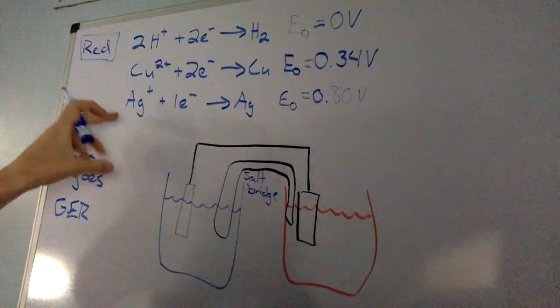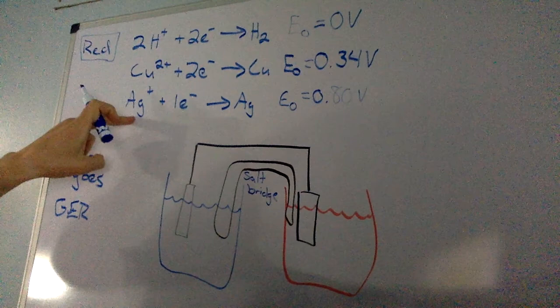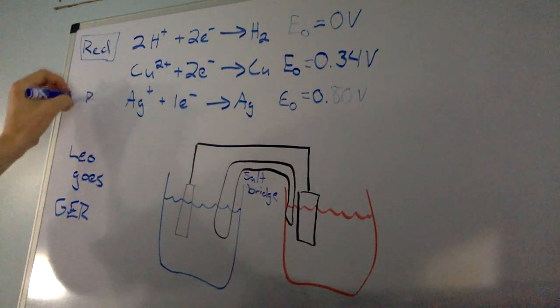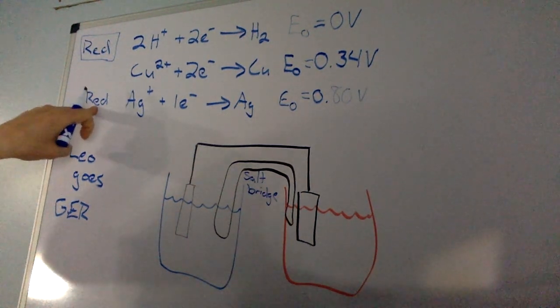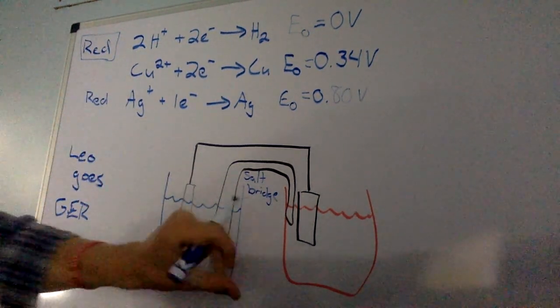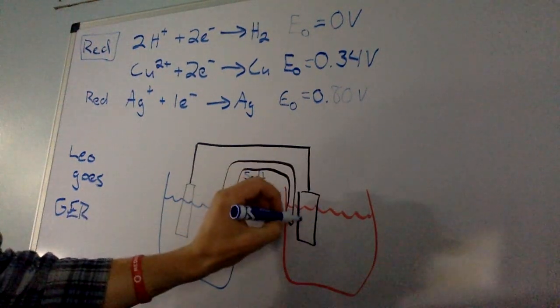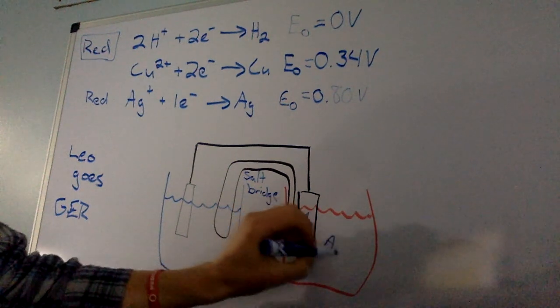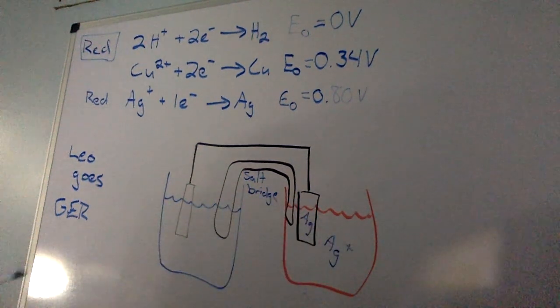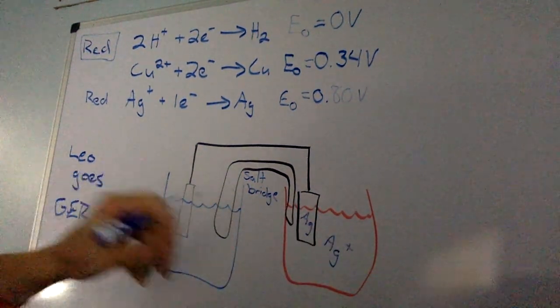So what we're going to end up having is this will be our reduction. Okay? This will be our reduction reaction, all right? Since it's reduction, I'm going to put it on the red side, and we're going to have this be silver, all right? And we're going to have silver ions in solution, okay?